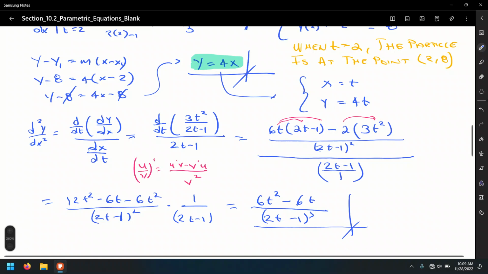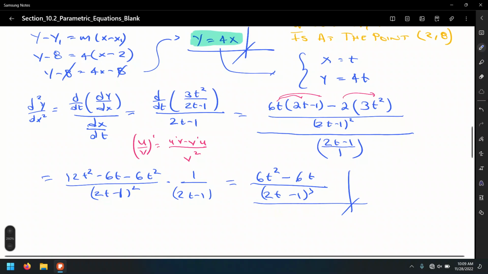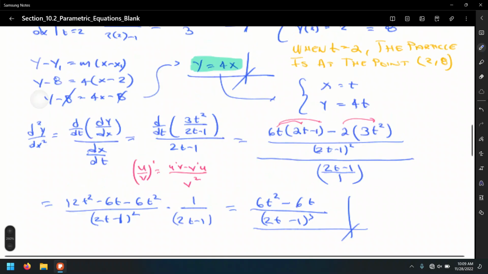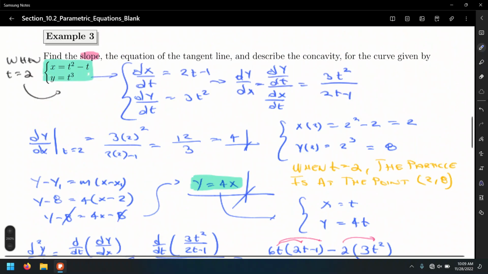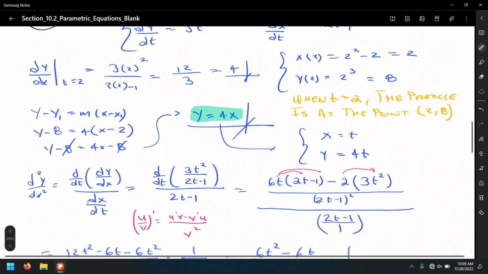So that's the second derivative. Let's use that second derivative to determine the concavity of this function whenever t equals 2. Again, we're doing all of this around t equals 2. Okay?